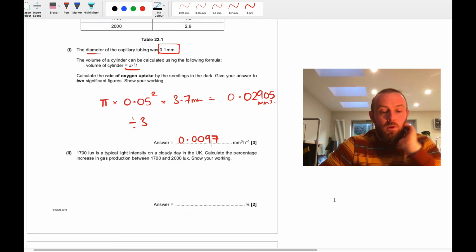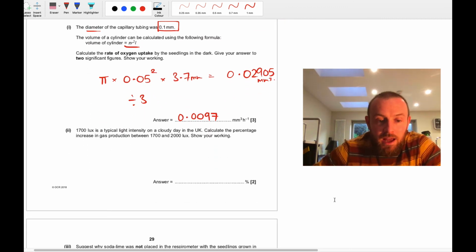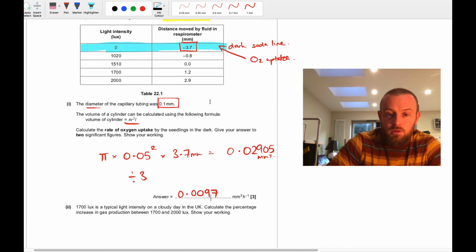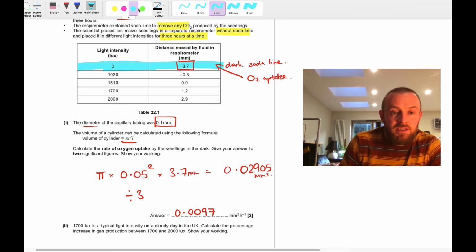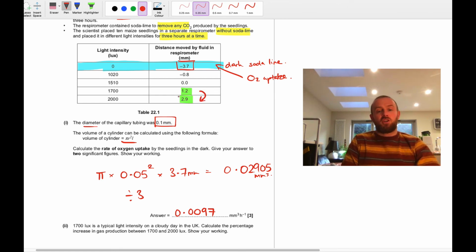Okay, 1,700 lux is a typical light intensity on a cloudy day in the UK. Calculate the percentage increase in gas production between 1,700 and 2,000 lux. So I think we can just do 1.2 to 2.9. We're just looking at these two data points here. What is the percentage increase? Well, the change is an extra 1.7.